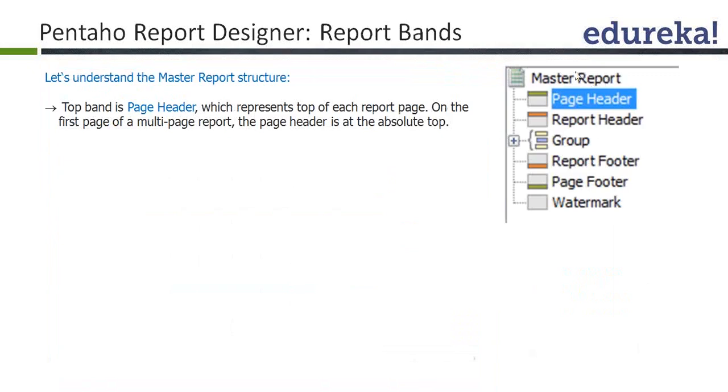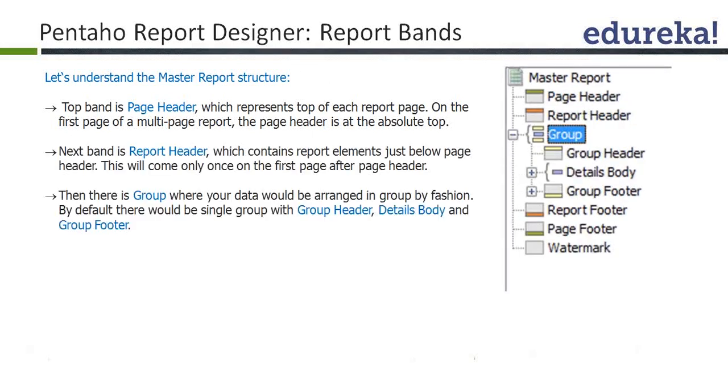Now we are diving deeper into the master report. You can see the first one is page header, which is used to represent the top of each report page. So if you have 10 pages, then this page header will be repeated on all pages, 10 times it will be repeated. Then the next one is report header.